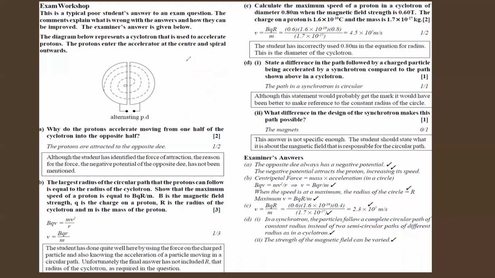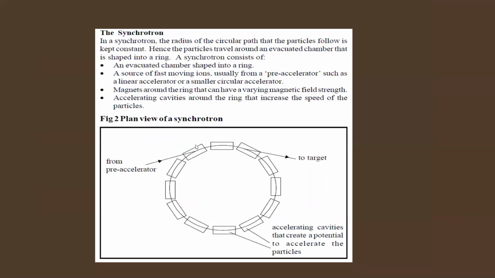But in a synchrotron, we have a variable magnetic field. The magnetic field is not constant. As the speed changes, we change the strength of the magnetic field so that it will remain in its circular path. So the radius of the circular path that the particle follows is kept constant.